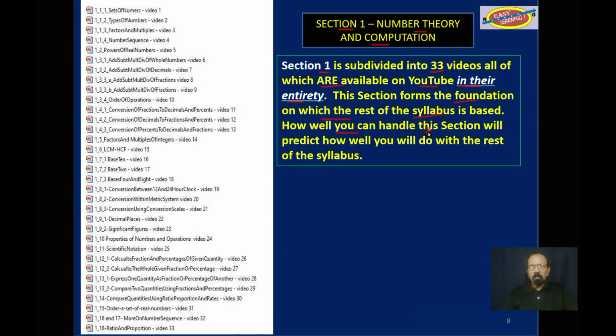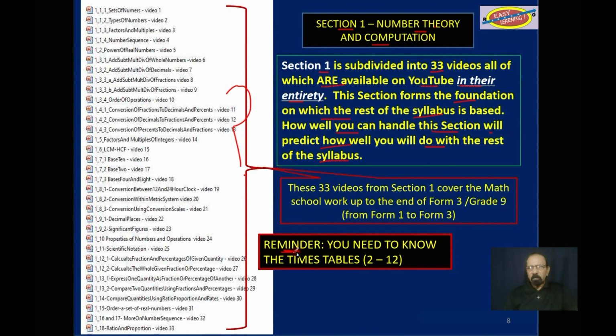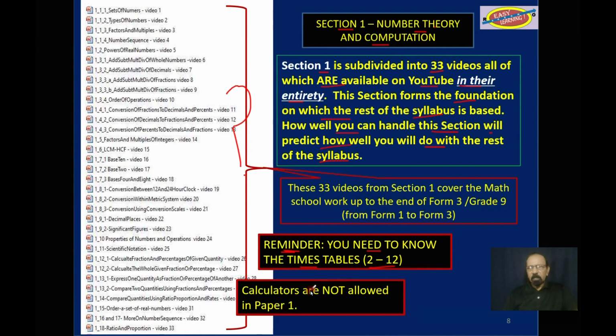How well you can handle this section will predict how well you will be able to do the rest of the syllabus. If you're having problems with these, you will not be able to do the rest of the syllabus well. Here is a reminder: if you plan to write this CSEC exam, you need to know the times tables from 2 to 12, since calculators are not allowed in Paper 1.